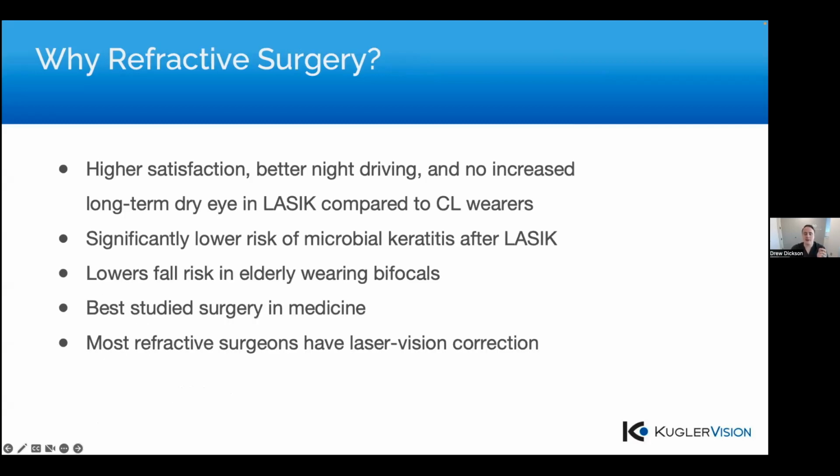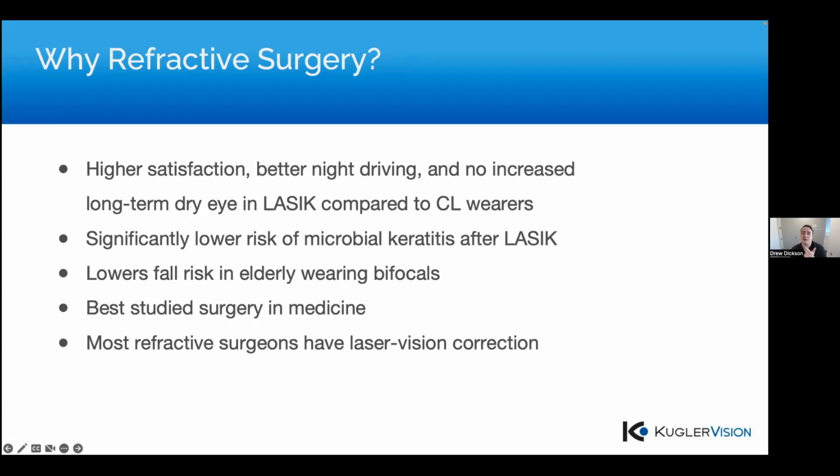But I just wanted to touch briefly on why do refractive surgery. To many, it seems like it's an expensive luxury, and it's really much more than that. We know that there are safety benefits, functional benefits, and financial benefits from refractive surgery. Through various studies, we know that patients have higher satisfaction with refractive surgery compared to being in contact lenses or glasses long-term.